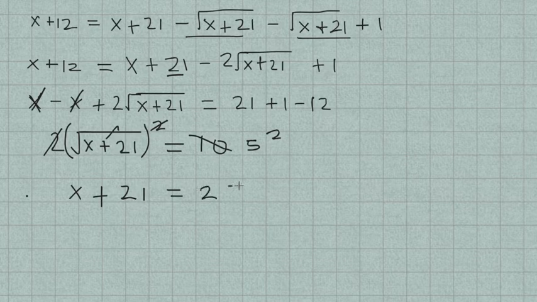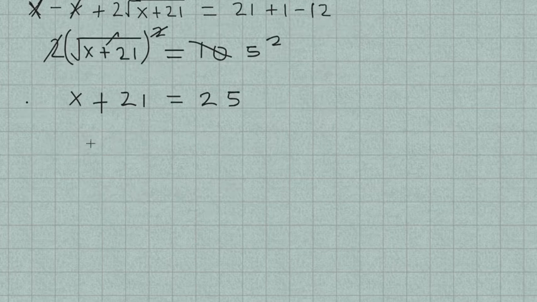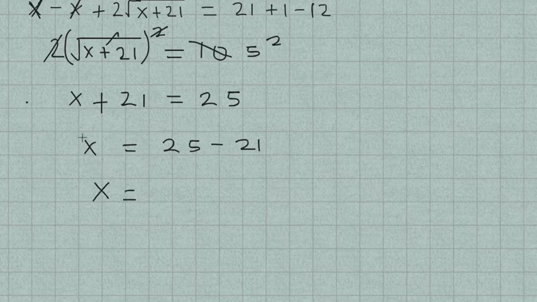So we have 25 on the right hand side. Now I'm going to collect the like terms. x is equal to 25 minus 21, which is 4, right? x is equal to 4. So now this is our answer.